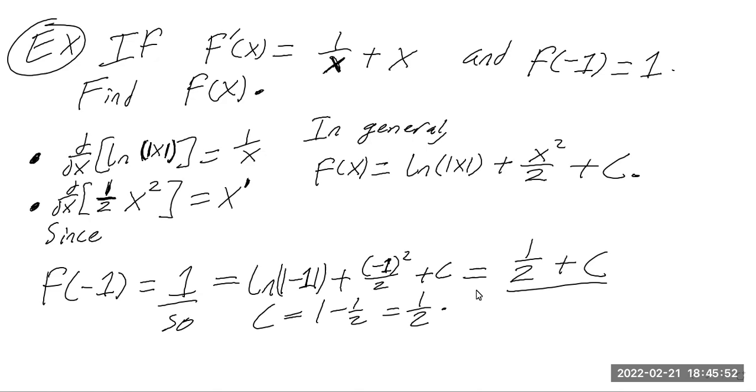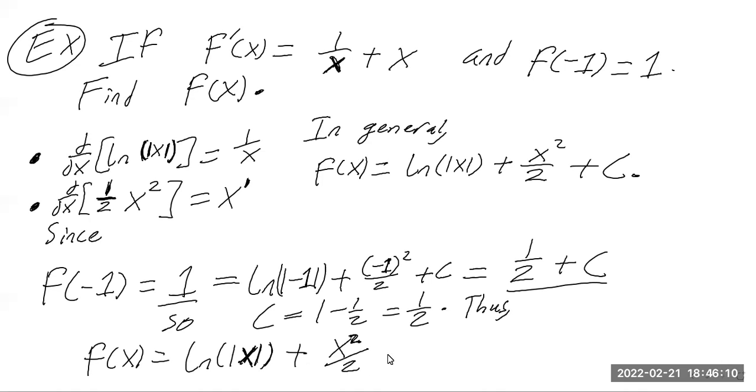But if you want to be fancy and very explicit, thus f of x is going to be equal to the natural logarithm of the absolute value of x plus x squared over 2 plus 1/2. And that's how we get specific antiderivatives when we're given extra information.